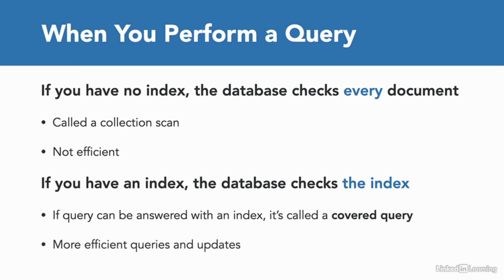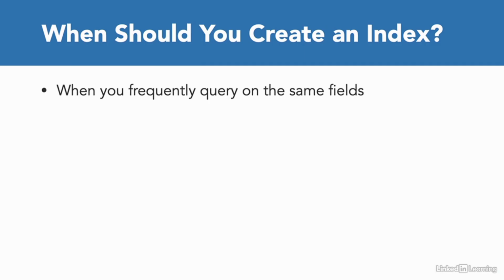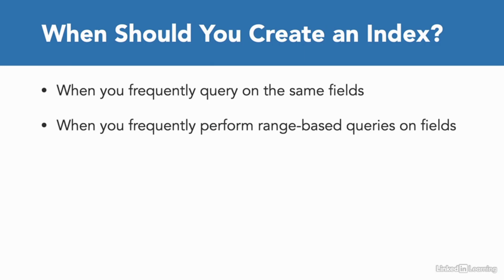The improved efficiency speeds up query execution as well as updates because the database can find the data we are retrieving or updating faster. Indexes are very useful, and you should generally create an index when you frequently query on the same fields. This is especially true if you sort data on that field or perform range-based queries.